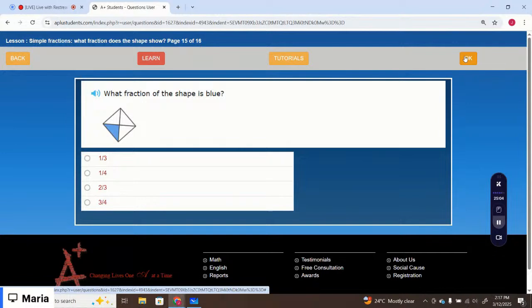What fraction of the shape is blue? That is 1 out of 4. Option number 2 is the correct option.